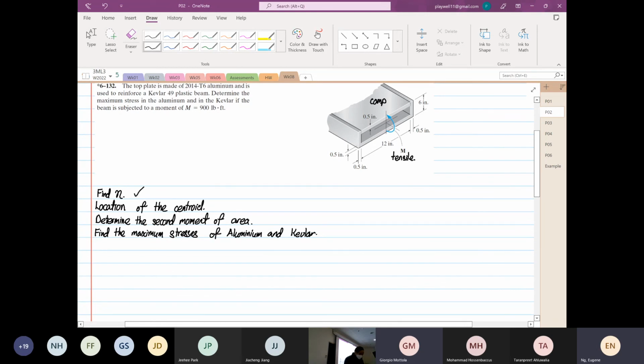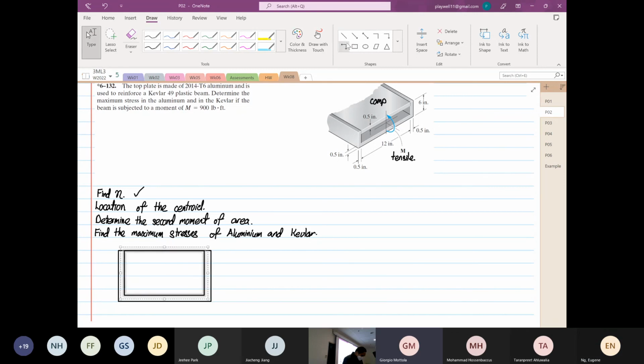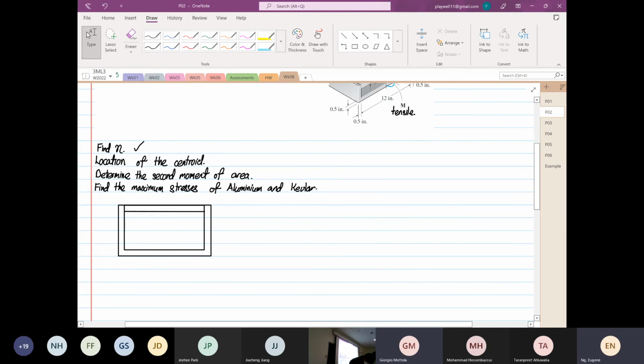Okay. So here we already found the n value. We now determine the location of the centroid. So the table that I taught you will change slightly. I'm going to draw a quick sketch. This is just a sketch. I'll call this our section 1. I'm going to divide it this way.